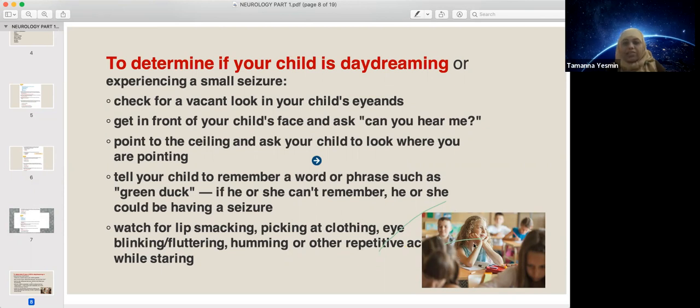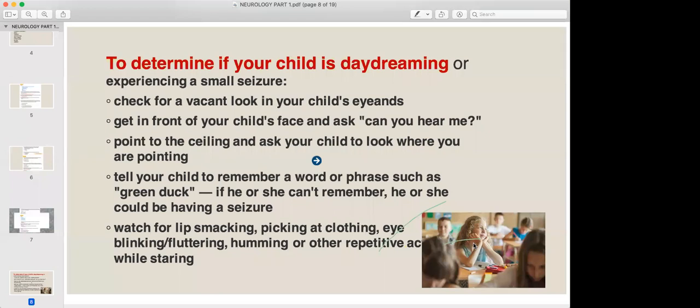This child is daydreaming. Why are we saying green duck? Just to remember the word when the child is having a conversation with you. Say, what I told you a few minutes back, which color was the duck? It is a green duck. He can remember, so this is daydreaming.